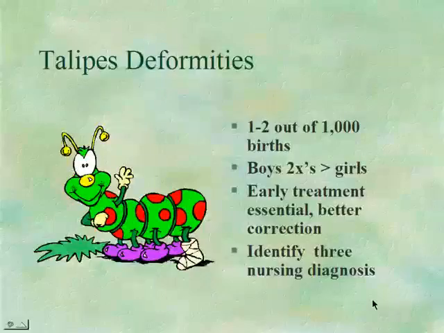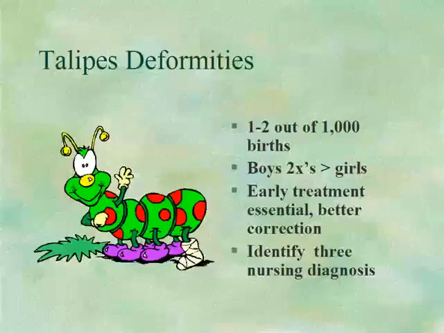Talipes deformities, or what you would be more familiar with as the term club foot. As you can see from the reading in your textbook, they are trying to get away from the terminology of club foot. It maybe has a negative connotation. Incidence with talipes deformities is 1 to 2 out of every 1,000 births.